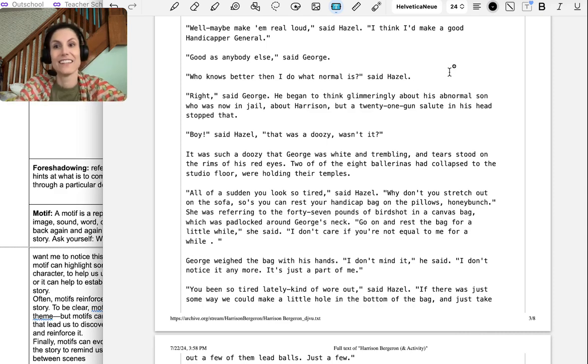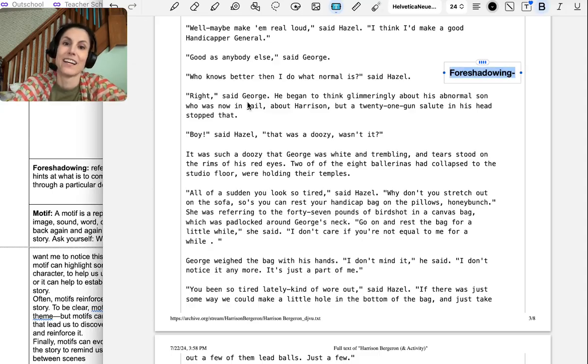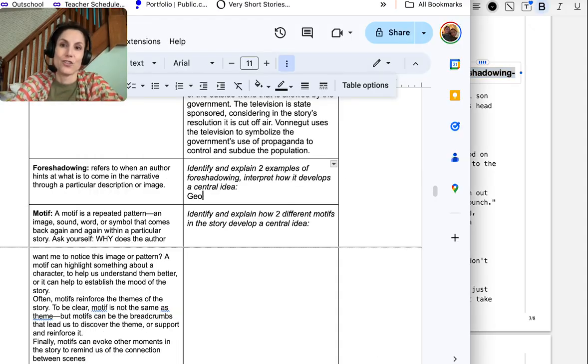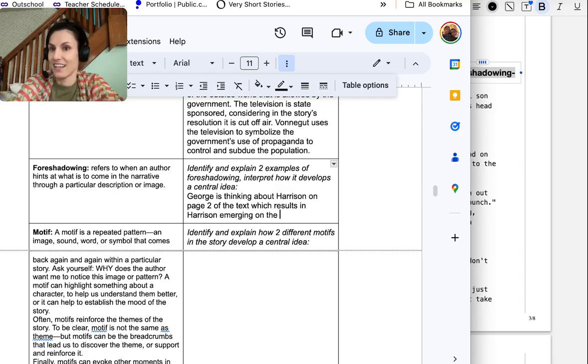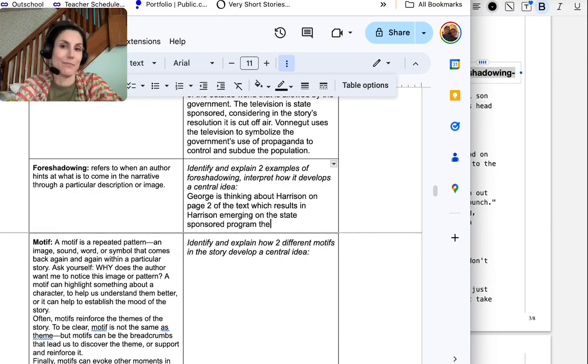We could say this is foreshadowing, because then, bam, Harrison shows up on the television. So we could say George is thinking about Harrison on page 2 of the text, which results in Harrison emerging on the state sponsored program the couple is watching.